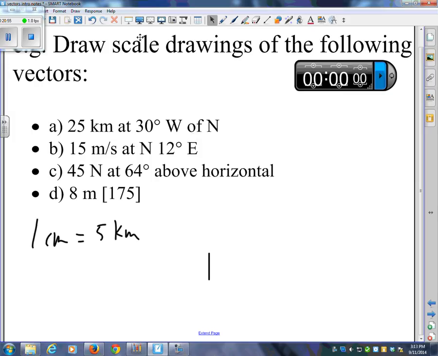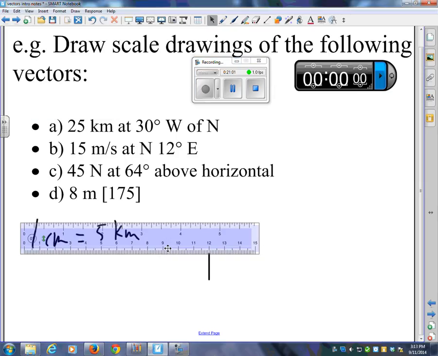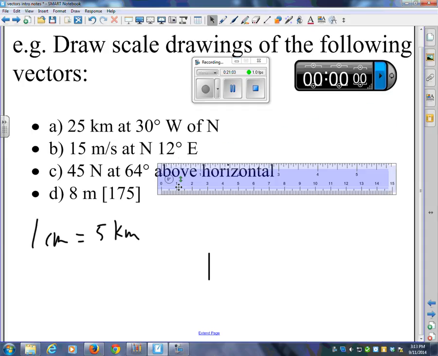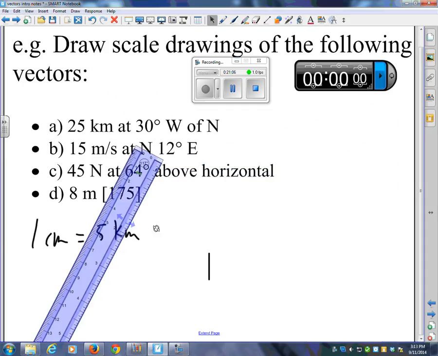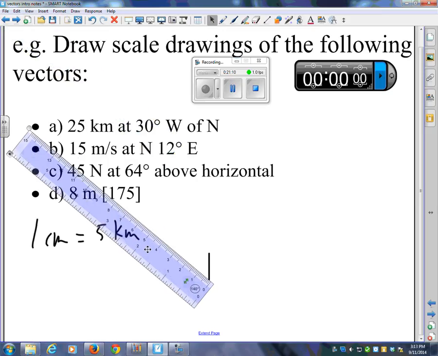Oh, where did my ruler go? Left it on the last page. That's not 30 degrees.